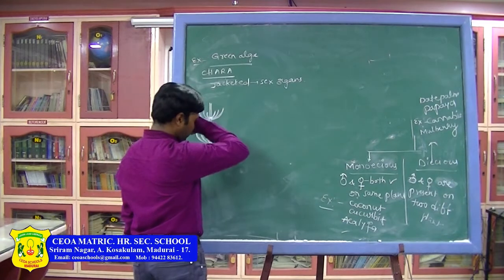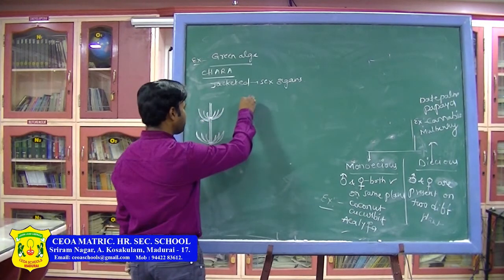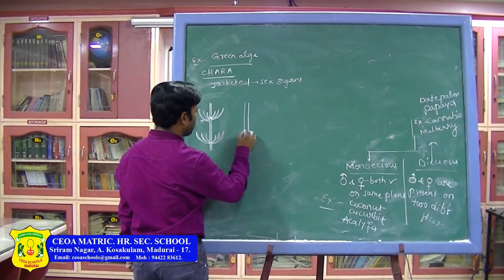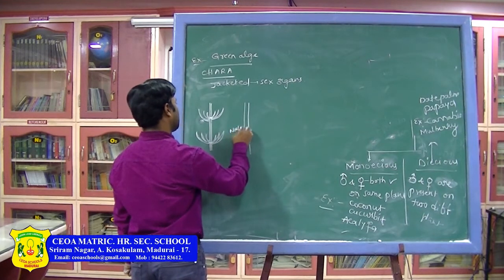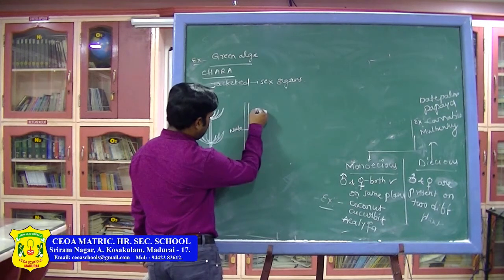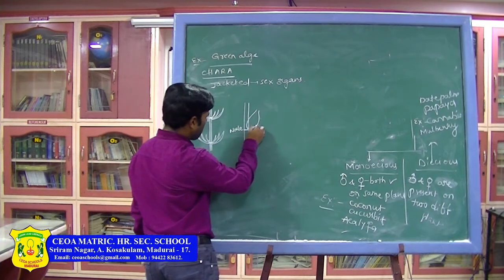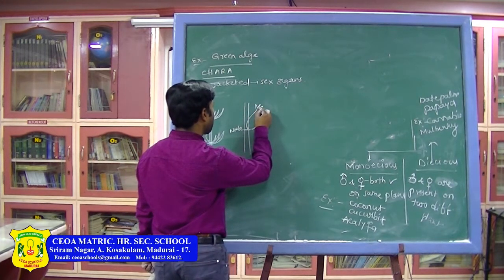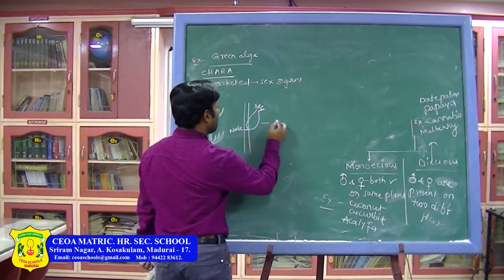Now, this is the node. Above the node, what is present?